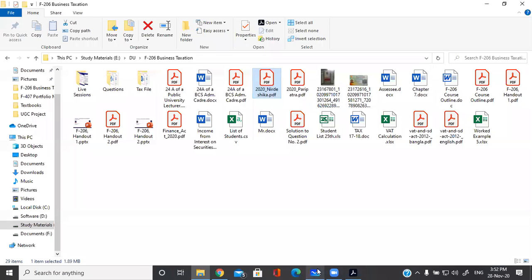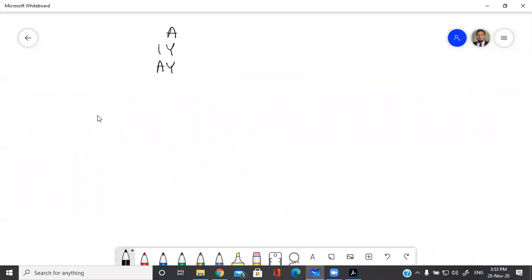So what you can write is income from salary 750,000. So that is the final amount.